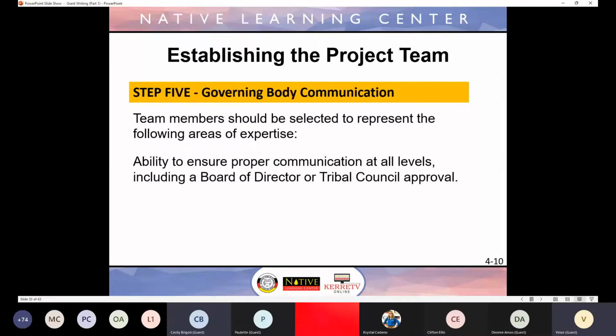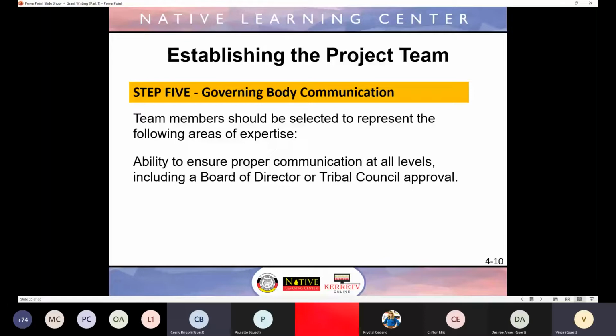This is important too. There needs to be communication from the top down and horizontally, of course. But from the top down, I mean, does the grant writer have responsibility communicating to a director or executive director, or directly to the TDHE's Board of Commissioners, Board of Directors, or directly to the Tribal Council, and vice versa? There needs to be information flowing back and forth.